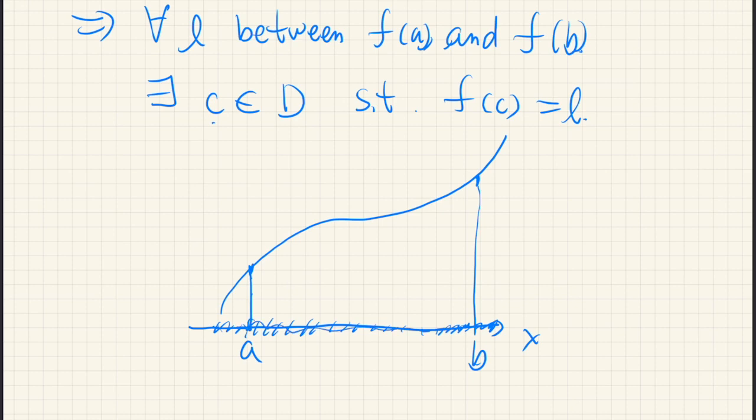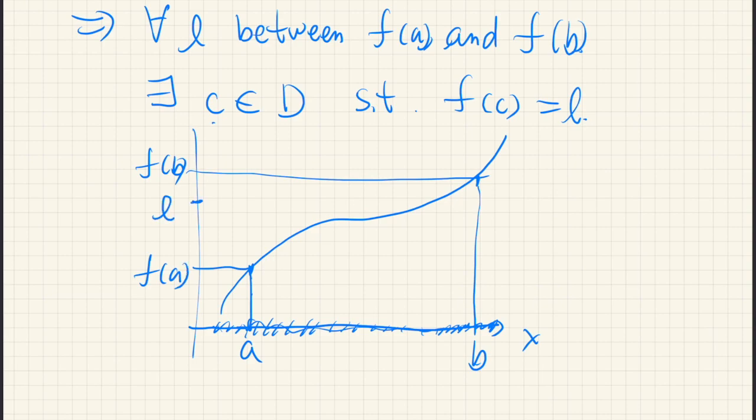Let's pick any value between f of A and f of B, say L. Then we can always find some point C such that L is equal to f of C. This is intuitively easy to understand.